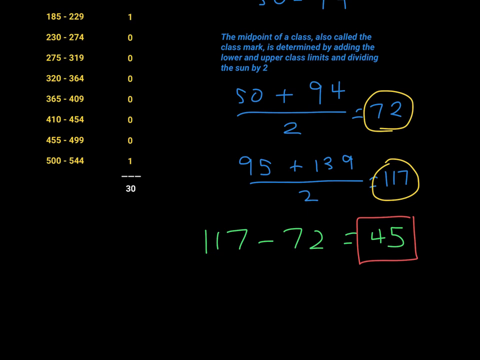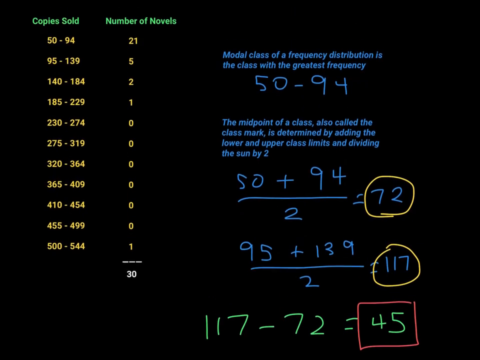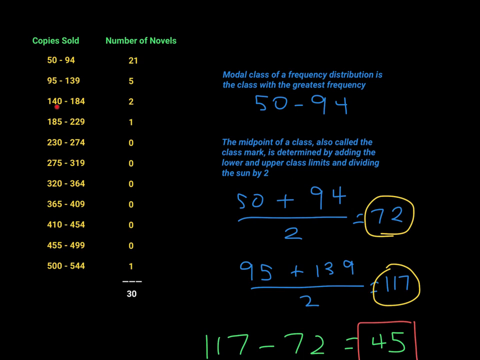But wait, that means I can find the class mark of the next class by taking 45 and adding that to the previous class mark. In other words, this third class here, what is the class mark? I know I can take 140, add 184, and then divide by 2.